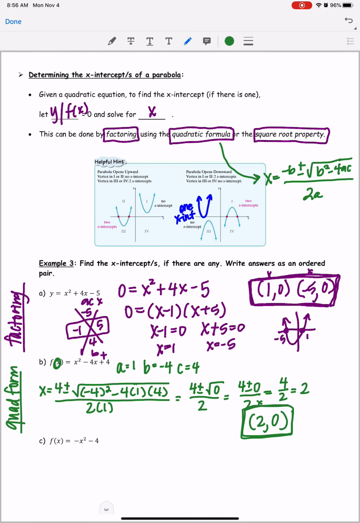So this is that one where you have that one x-intercept. It's going to be something like this right here, where it's going to just touch your x-intercept right there at 2, but not go through it.